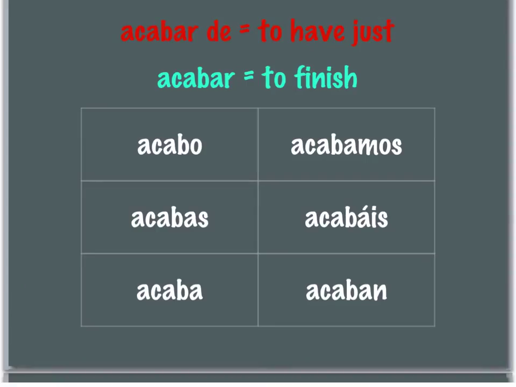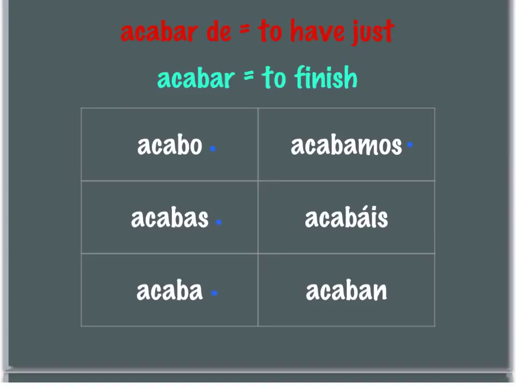Now you guys are pros. This is the same format we followed for the last two verb expressions, except we do have a new verb, acabar. Acabar in inglés significa to finish. Acabo, acabas, acaba.